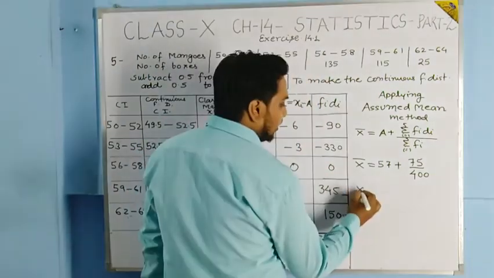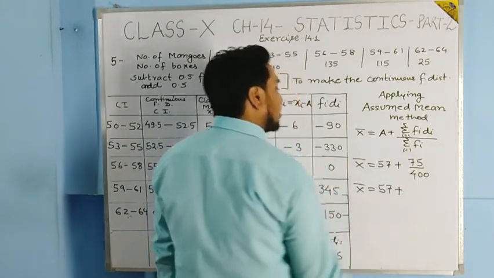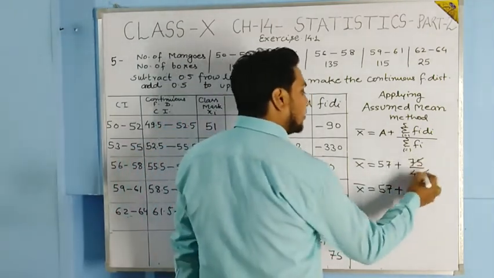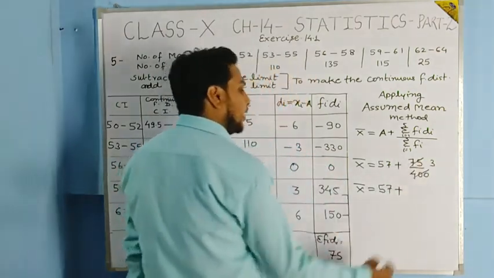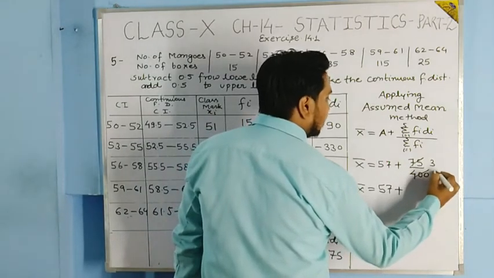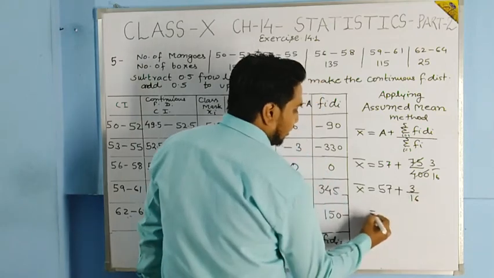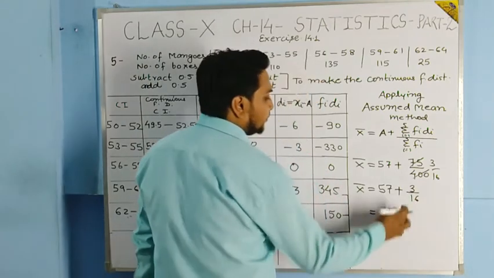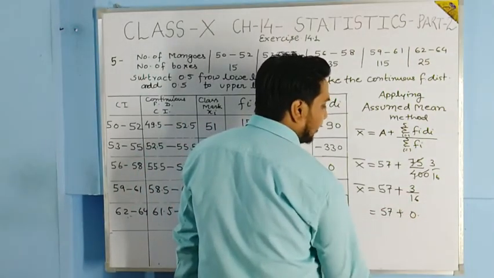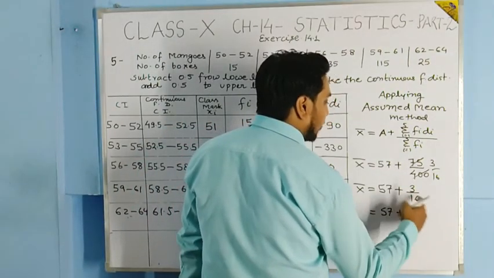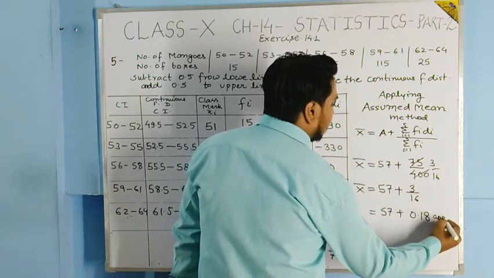So students, let us see what result we'll get from here. 57 plus, just simplify it by dividing by 25. 25 3s are 75 and 25 16s are 400, so it will be 3 upon 16. So 57 plus, when we divide it, what we will get? 0.1, and then 8, 0.18 approx.